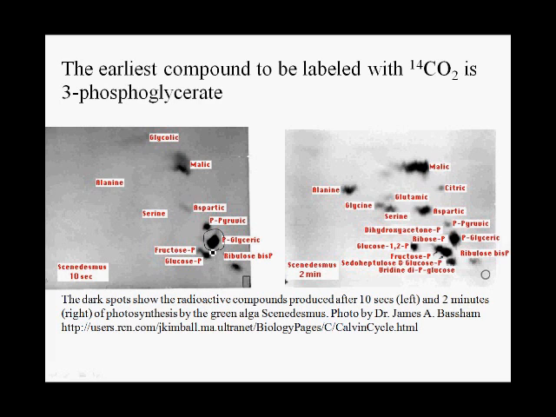But the most intensely labeled spot is phosphoglyceric acid, also known as 3-phosphoglycerate, which is the same thing as P-glyceric labeled here. And at even shorter times, 5 seconds, this is pretty much the predominant radioactively labeled spot. Here at 2 minutes, you can see, again, lots of other things being labeled.